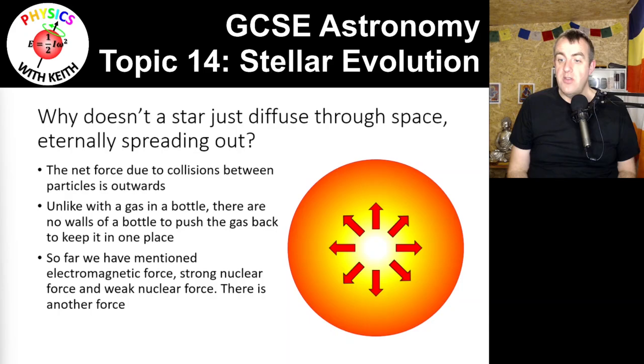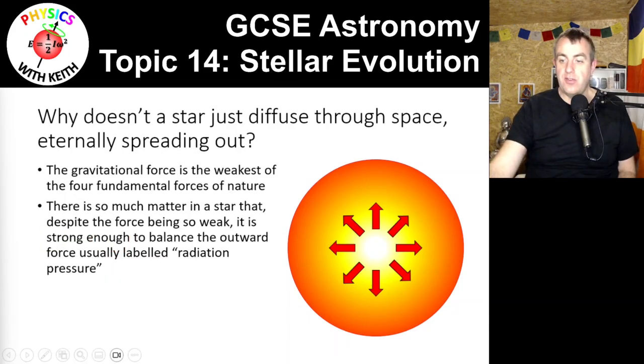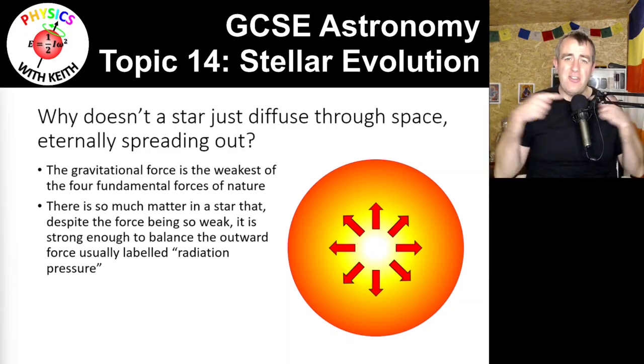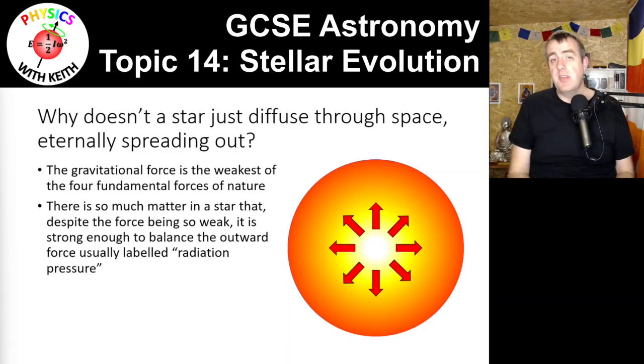Okay? So that is the gravitational force. That very weak force, but because there's so much matter in a star, it becomes more significant. It's not significant on the particle collision scale, but it does become significant on the scales of planets and stars and things, in this case stars, because of how much mass there is there. So even though it's weak, it becomes important.